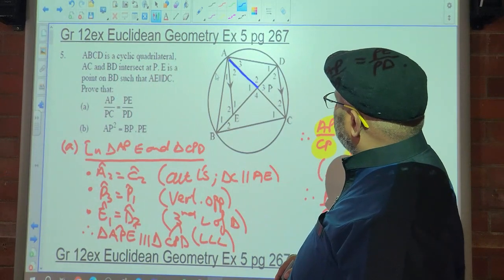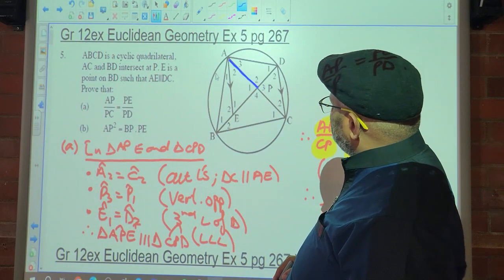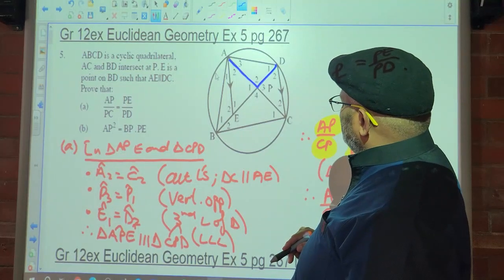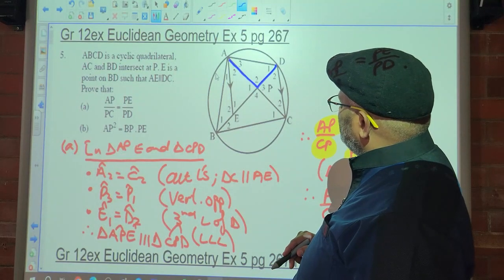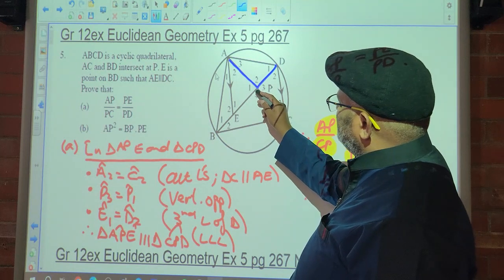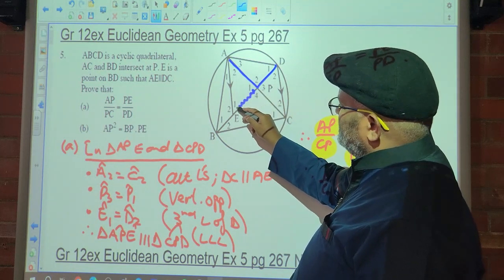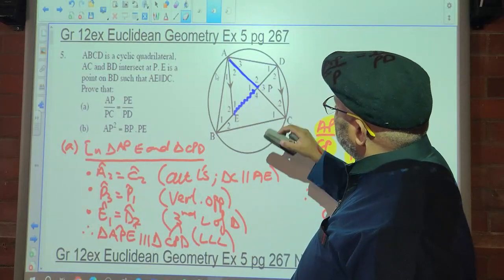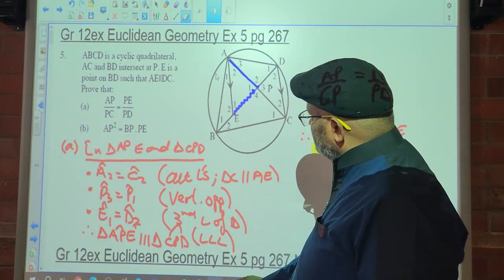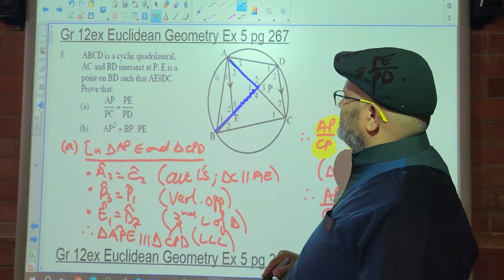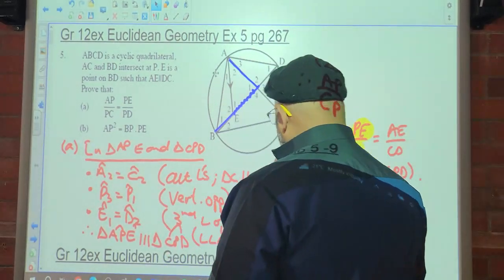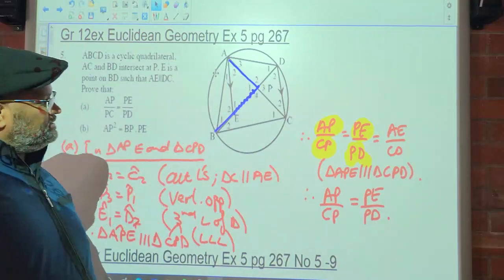DP, which is this here, and PE, which is this here. Sorry, BP. So it's a double thing. So you all see the triangles we're going to work in.